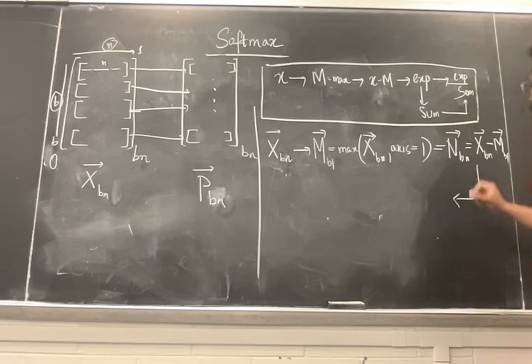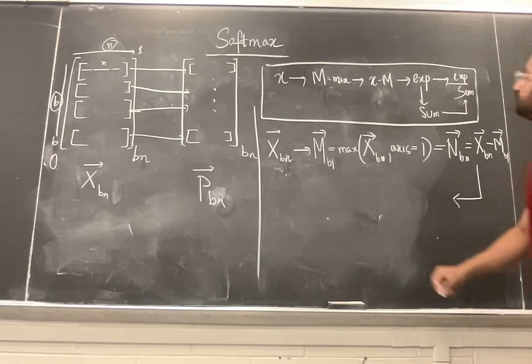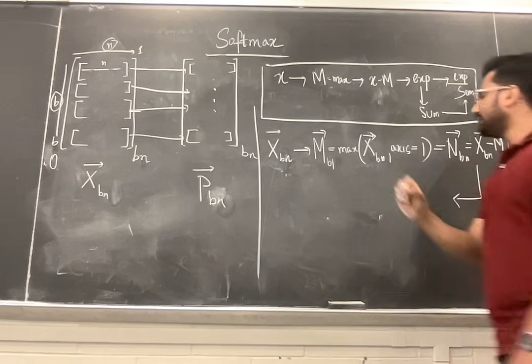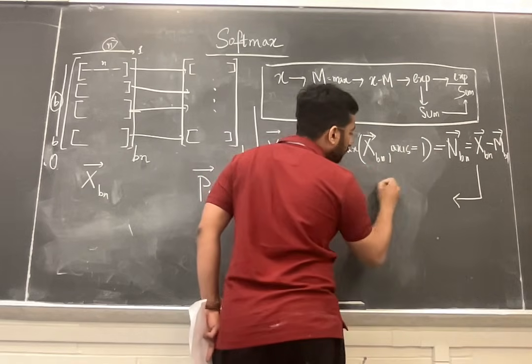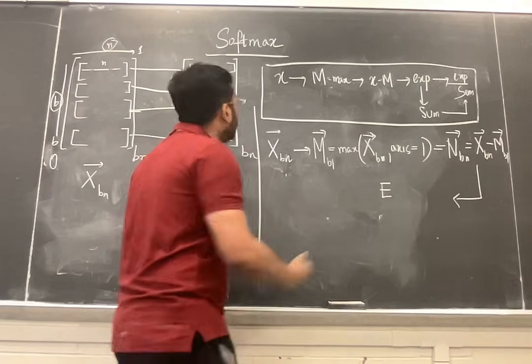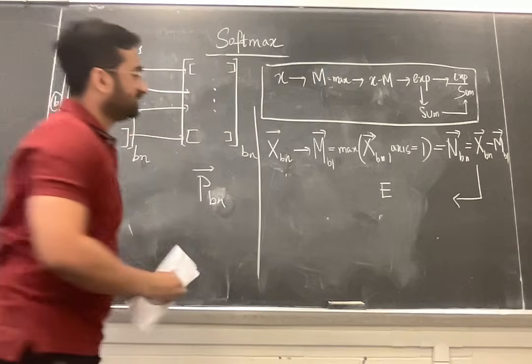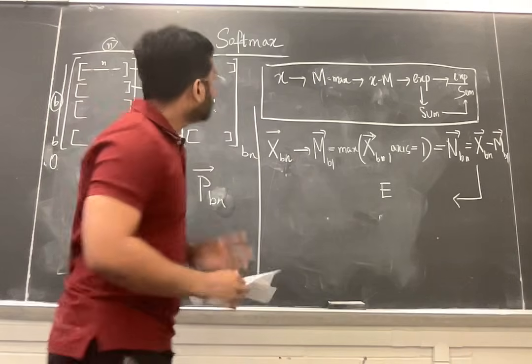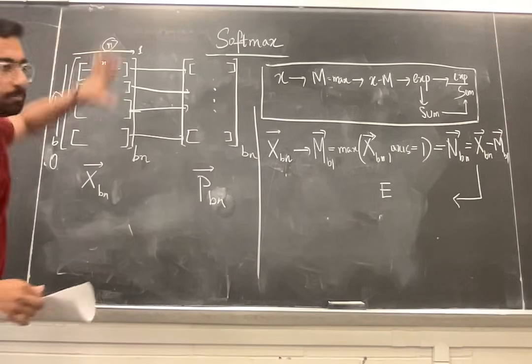Now that we have the max normalized, we will take the exponential. So let's write the exponential, E. Sorry, I'm wrong, the exponential is happening across the entire matrix, everywhere.